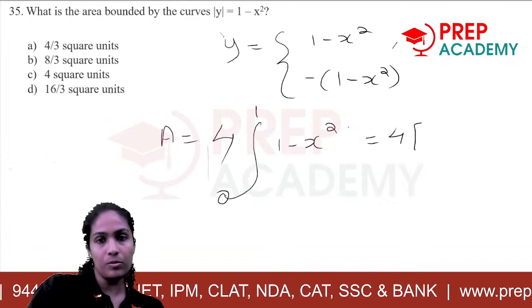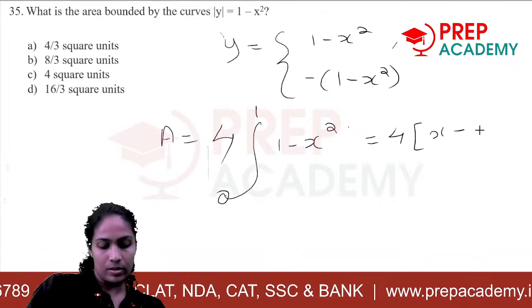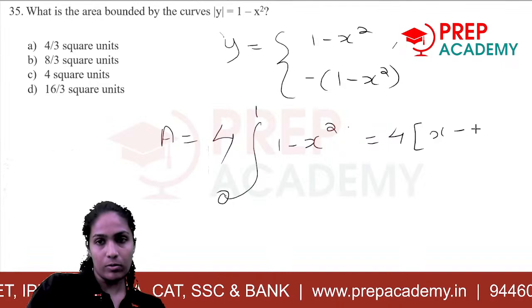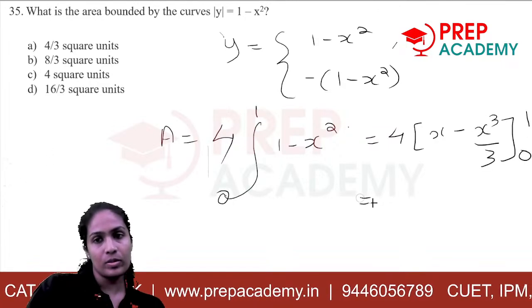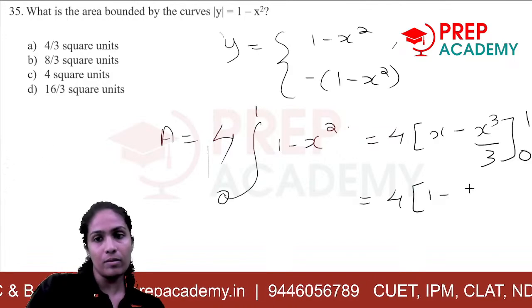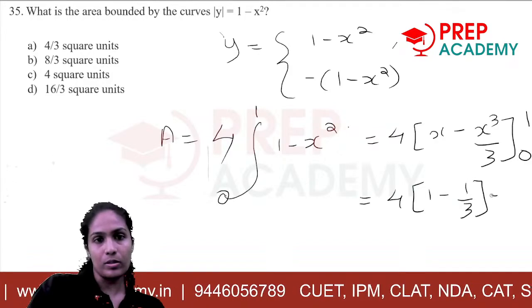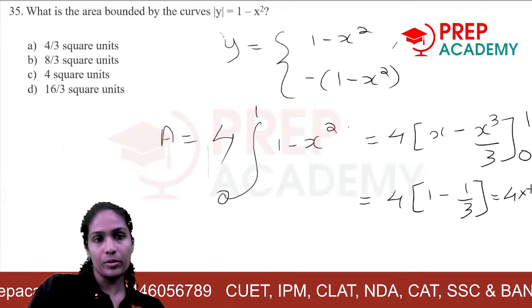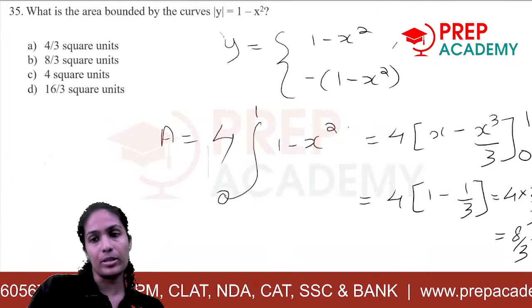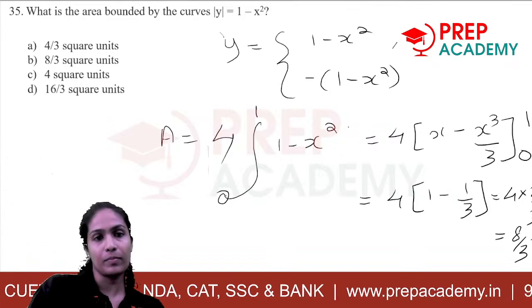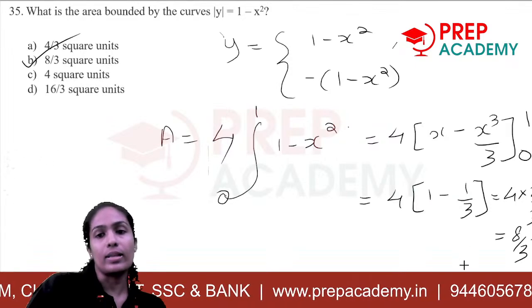Just 4 into x minus the integral of x square, which is x cube by 3, with the limit 0 to 1. 4 into 1 minus 1 by 3 is equal to 4 into 2 by 3 is equal to 8 by 3 square units. Option B is the correct answer.